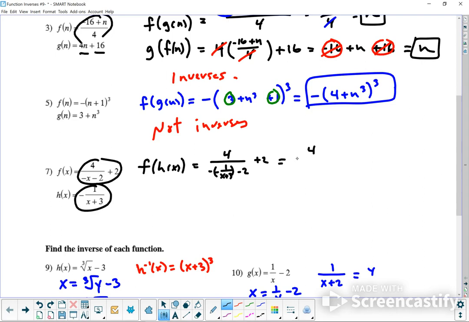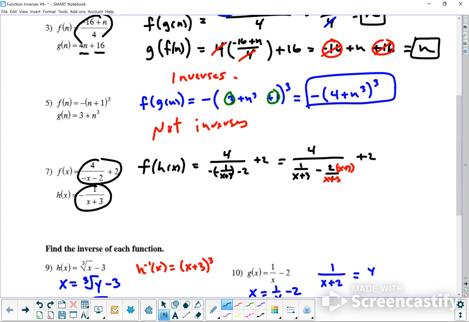Okay, so we'll do a little bit of work. Just a little bit. So 4 over, I have a negative and then negative, so it'll just be positive 1 over x plus 3. That's a fraction on the bottom. Minus 2, and I'll put a 2 over 1. Common denominator of x plus 3, which means I need x plus 3 on top also. Oh, and then don't forget the plus 2 in the back.